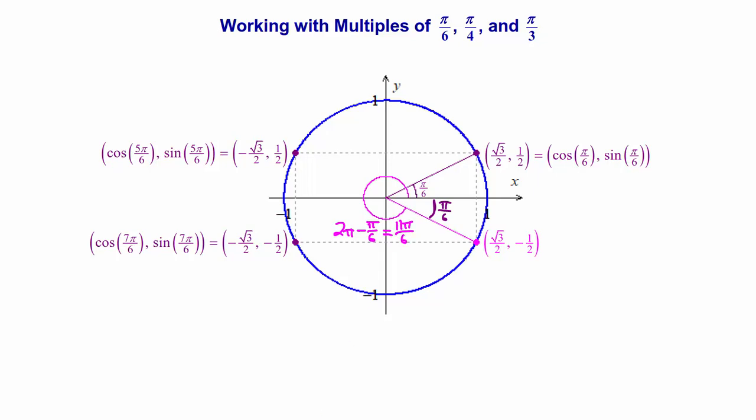And so we realize that that point in quadrant 4 is representing the sine and cosine of 11 pi over 6. And we see that all of the multiples of pi over 6 have very similar sine and cosine values as does pi over 6. The only difference is that sometimes we have to make these values negative because of the quadrant we're in.